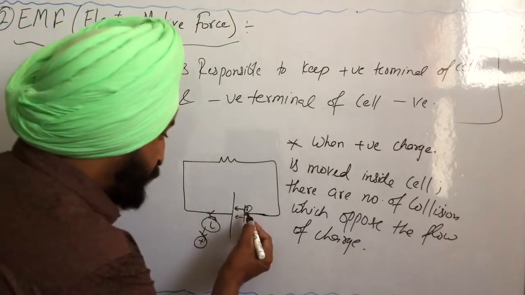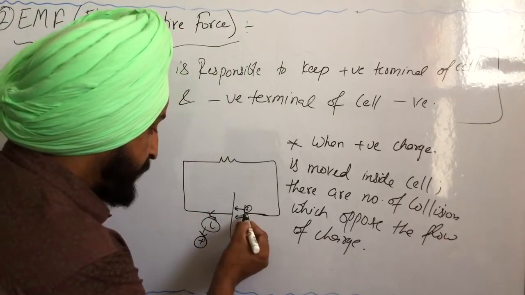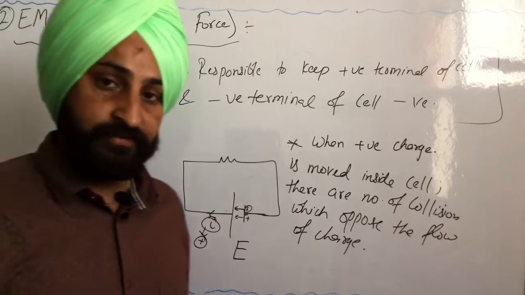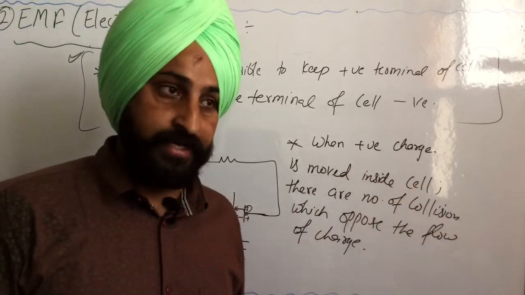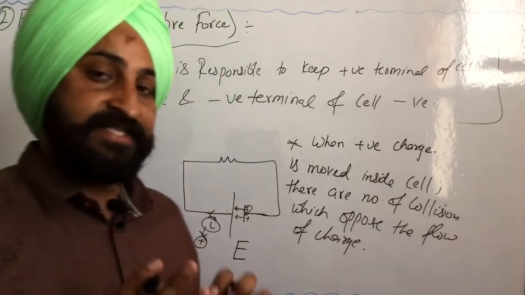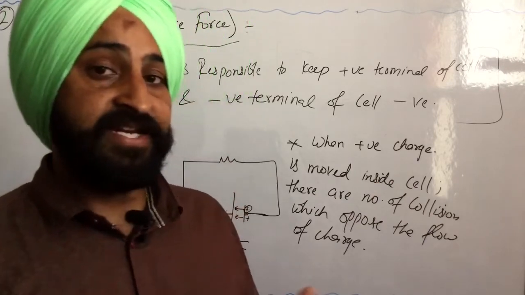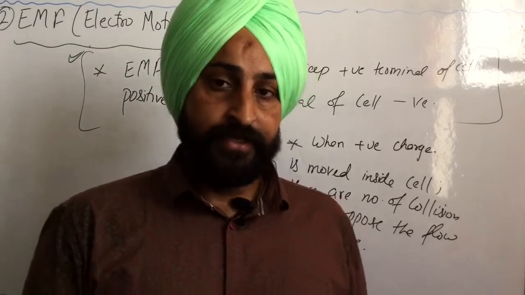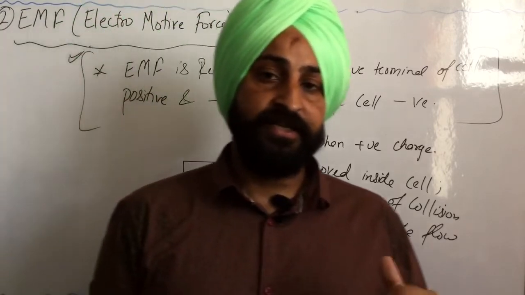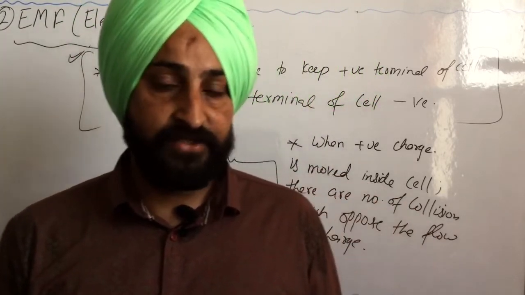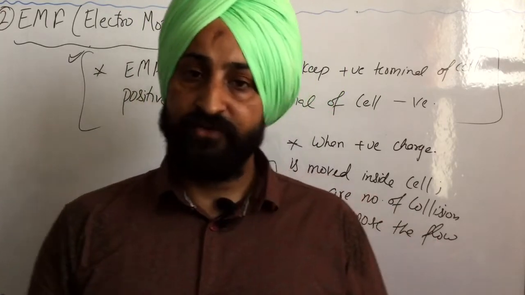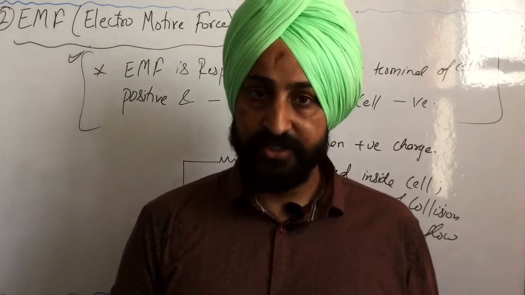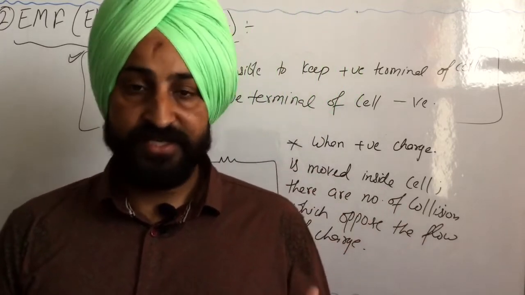Now when this positive charge moves from the negative terminal to the positive terminal of the battery, it is again opposed by some collisions. That means there is some resistance even inside the cell. Inside the cell there will be a number of positive and negative ions. So when the positive charge tries to cross the cell, it will undergo a number of collisions, and due to those collisions there is a resistance.